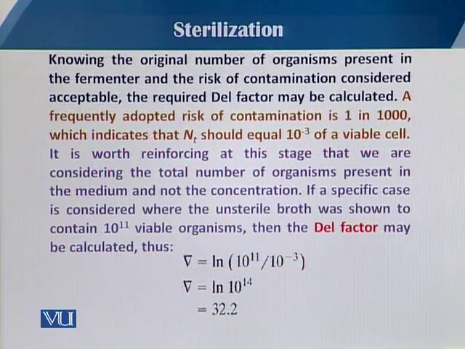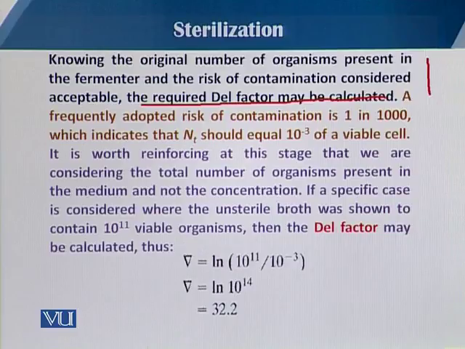Knowing the original number of organisms present in the fermenter, or the risk of contamination considered acceptable, the required del factor may be calculated. We discussed the del factor in our previous module, and I told you that we will discuss it in detail in a later module.